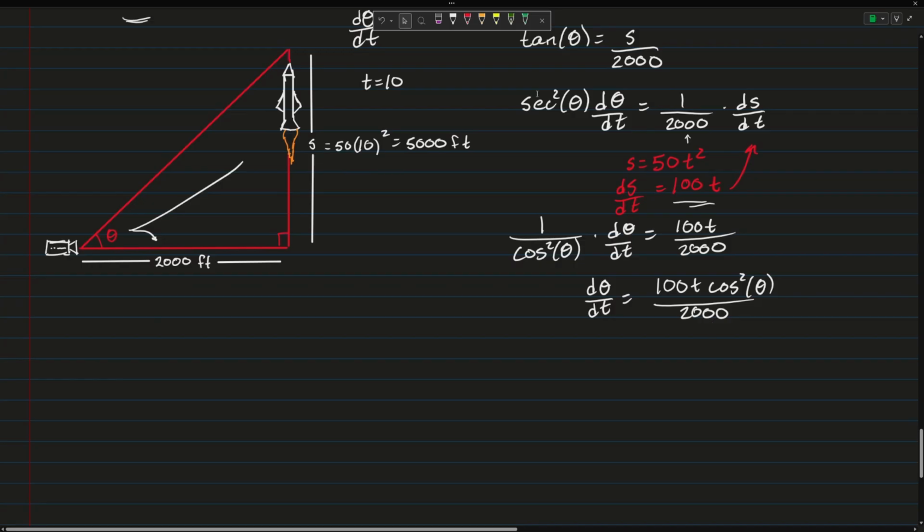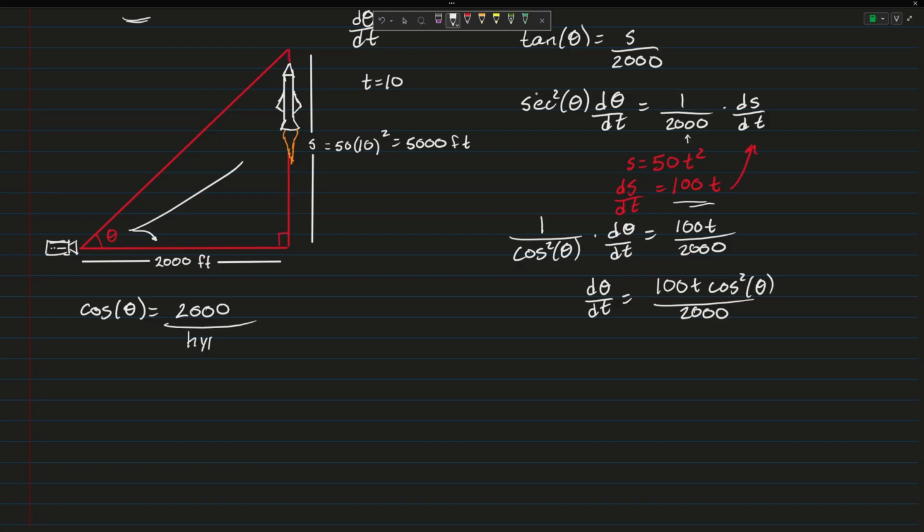Now, we are not explicitly given what cosine of theta is, but we can find it pretty simply. All right, cosine of theta, and I'll do that over here, is going to be this adjacent side, so 2,000, over the hypotenuse. Okay, and the hypotenuse, that's just going to be the square root of that s side squared plus 2,000 squared.